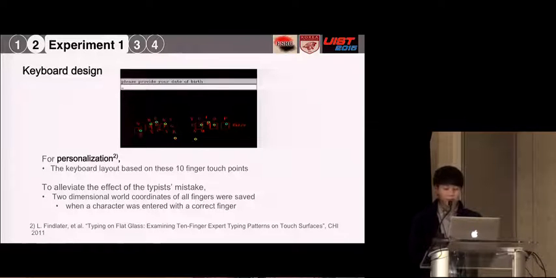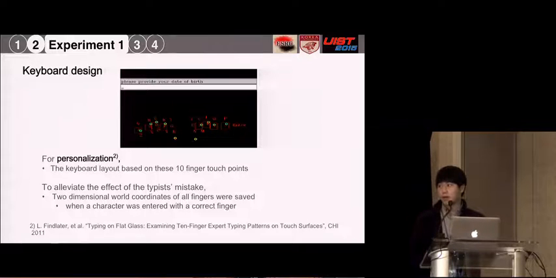In CHI 2011, Findlater et al. said personalization, such as each key size and keyboard shape, was an important factor for improving virtual keyboards. So our keyboard was generated based on 10 finger touch points for personalization.